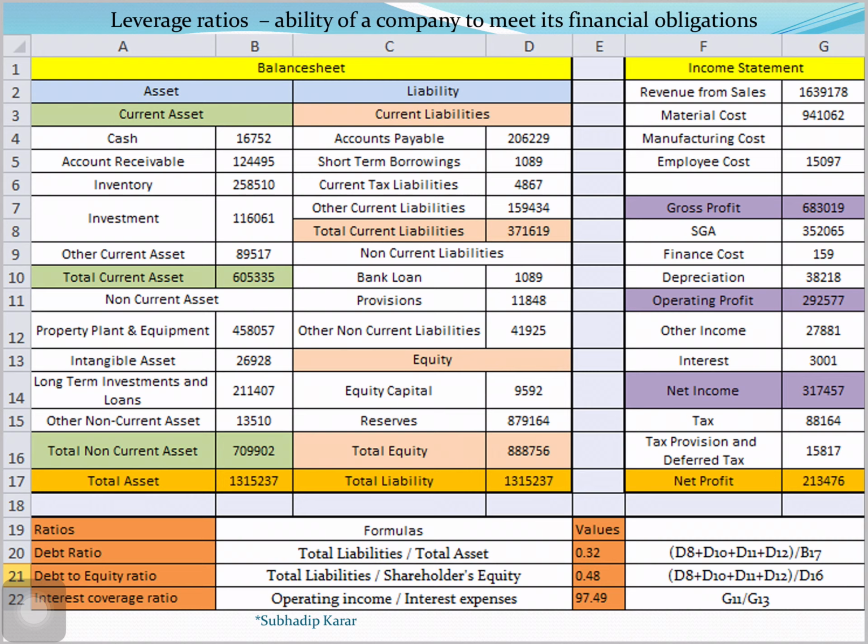In this example of ABC company, it is showing 0.48, or you can say 0.48 to 1. It means the liabilities are 48% of the stakeholders' equity, or we can say that creditors provide 48 rupees for each 100 rupees provided by stockholders or stakeholders to finance the assets.